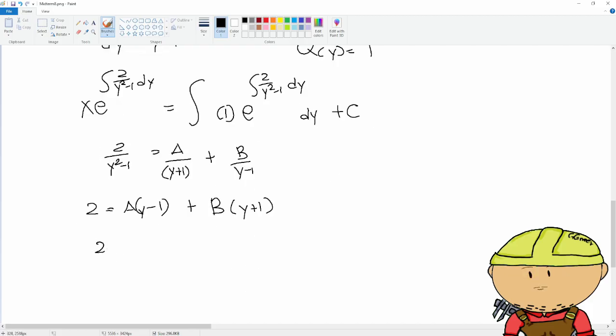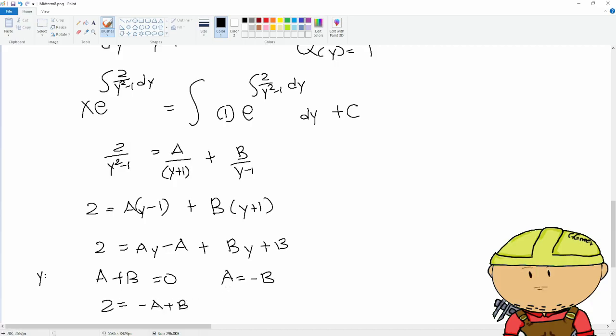Okay? 2 is equal to Ay minus A plus By plus B. A plus B, the coefficients of the y variable, is equal to 0, so A is equal to negative B, then 2 is equal to negative A plus B. If A is negative B, then 2 is equal to B plus B, so B is equal to 1, and A is equal to negative 1.